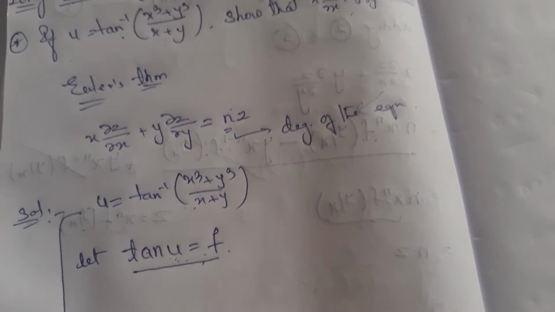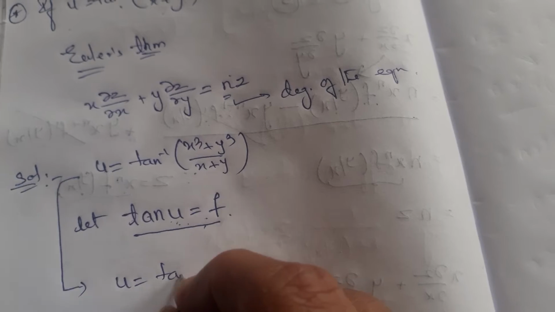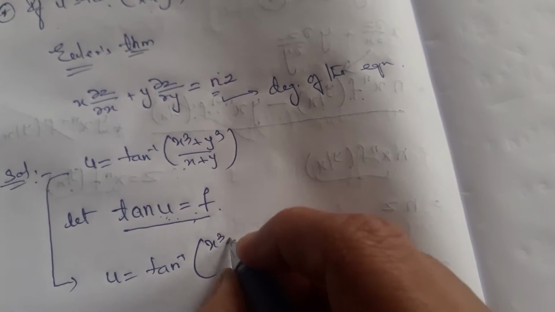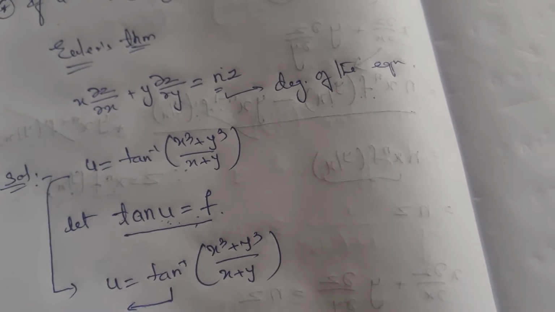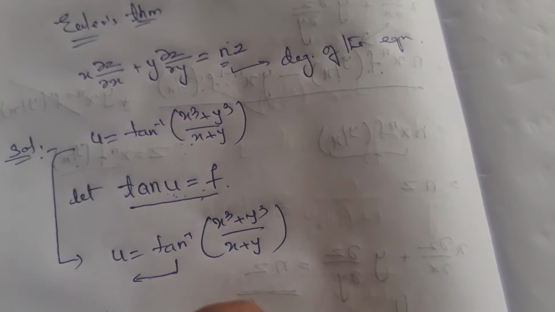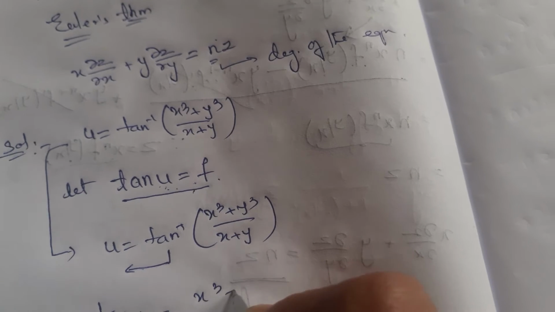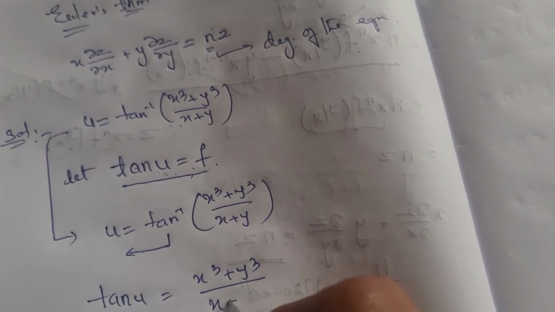Our equation is given as u equals tan inverse of (x cube plus y cube) by (x plus y). I am shifting this tan inverse to the other side, so it becomes tan u equals (x cube plus y cube) by (x plus y).